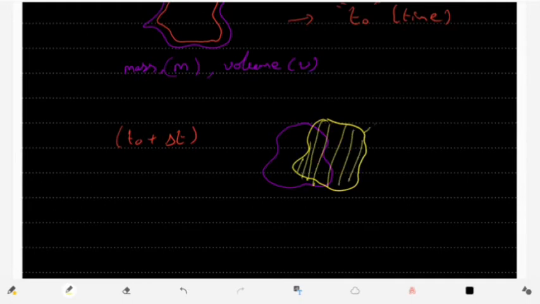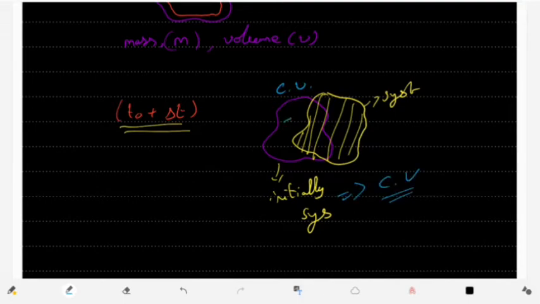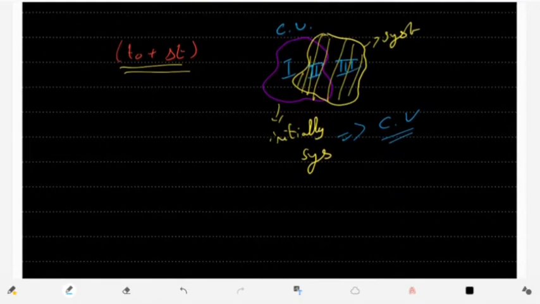This is our new system at time t0 plus delta t, and this is the system we initially considered. Let us consider this a CV. Initial system is nothing but the control volume. So this may be part 1, this is part 2, this interface, and this is part 3. Now let us consider the axes as x, y and z.